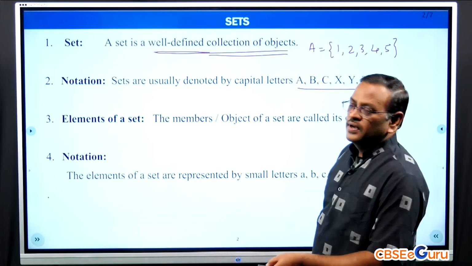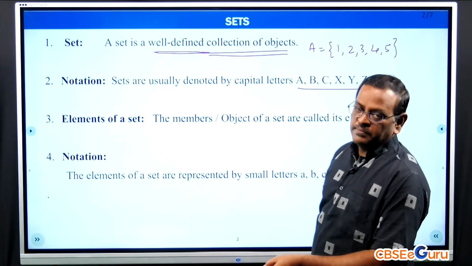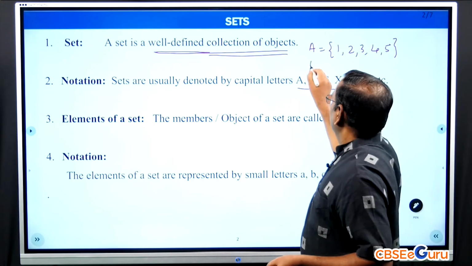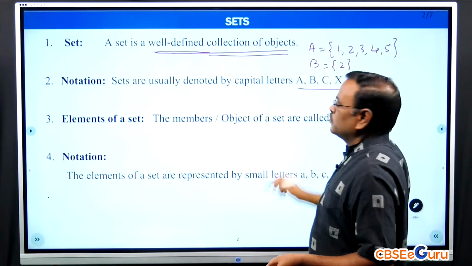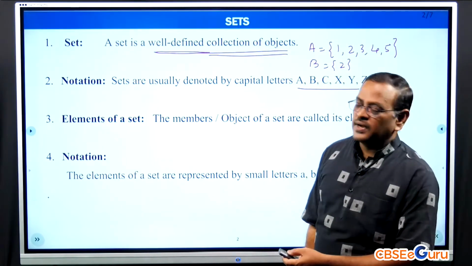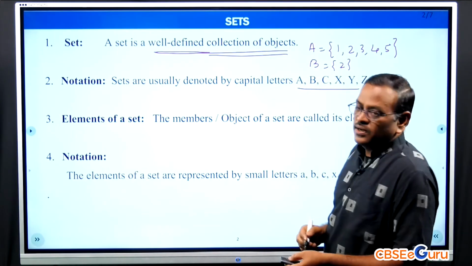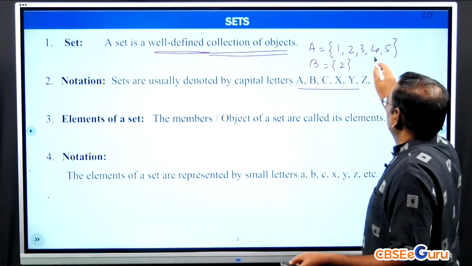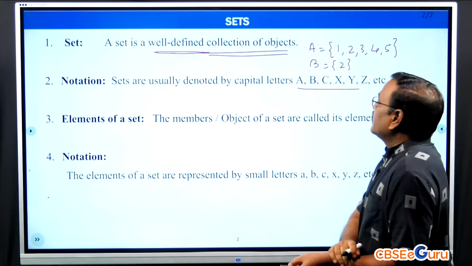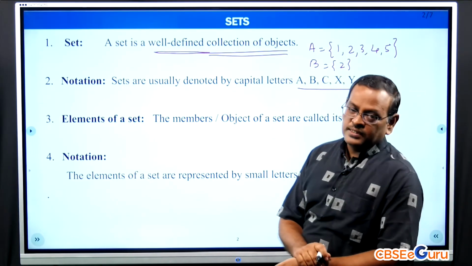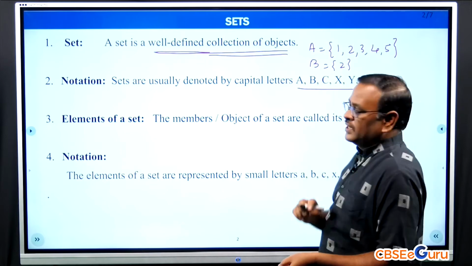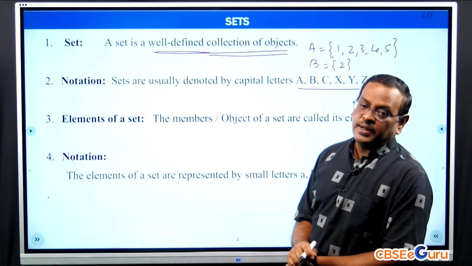Another set is even prime numbers. The only even prime number is 2. These 2 are examples of sets. Here it is well defined, because it is a well-defined collection. Natural numbers less than 5 is well defined, and the second one is also well defined because it is an even prime number.